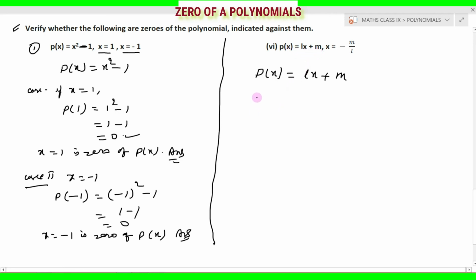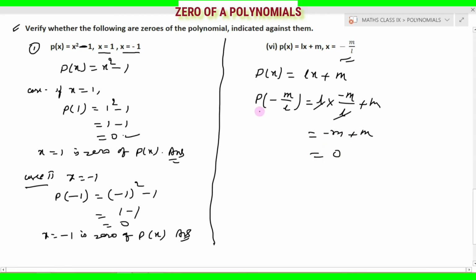Okay, so to justify, put the value of x equal to minus m by l, then check the value, l into minus m by l plus m, l gets cancelled, so we'll get minus m plus m, and again we got 0.